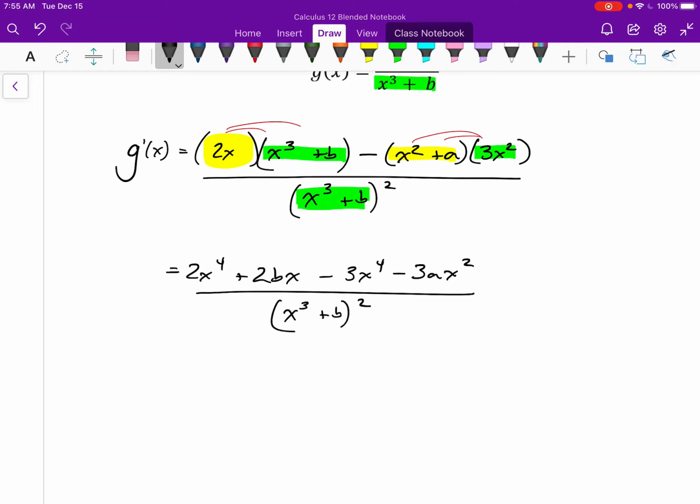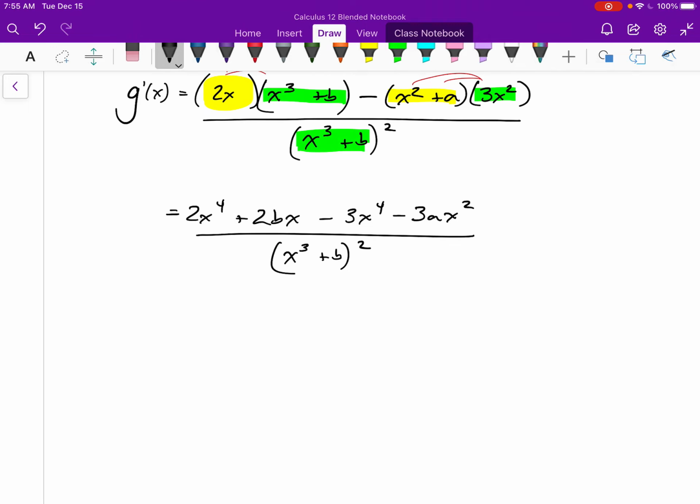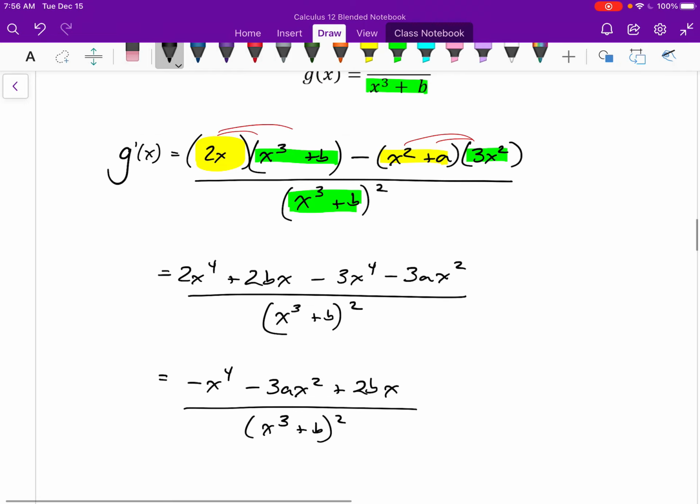This is not inherently any better than what I had before, but I do see some like terms here: 2x to the power of 4 minus 3x to the power of 4. So I might as well put those together and get negative x to the power of 4. But again, in terms of just finding the derivative, I was done two steps ago.